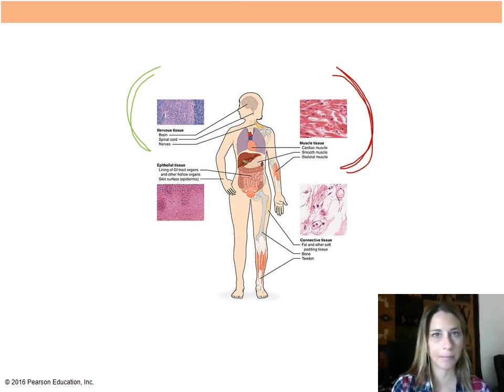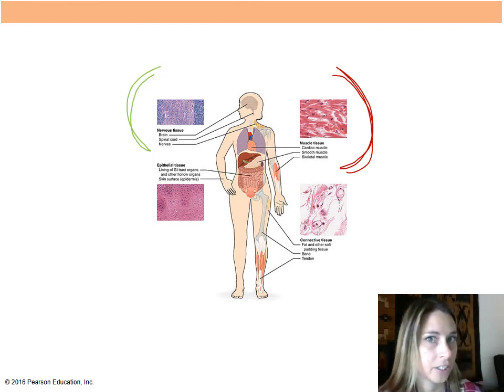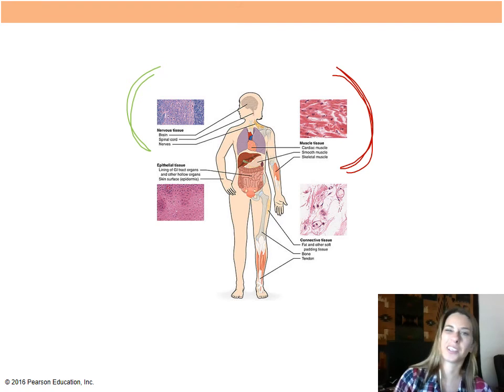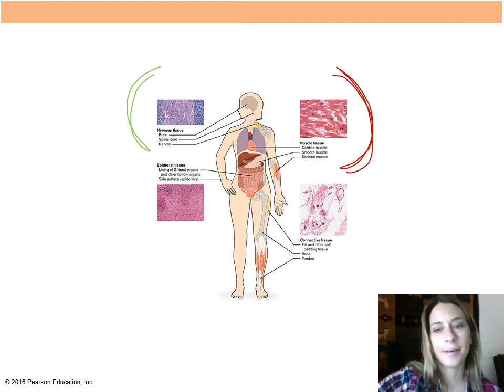So the big meaty part of your body. A huge amount of your mass is exclusively muscle tissue. And again, one of my favorite tissue types. Anyway, we'll get to that later on. You know something's up when some biologist says that's my favorite tissue type, of course. Anyway, we'll save those exciting things for later.